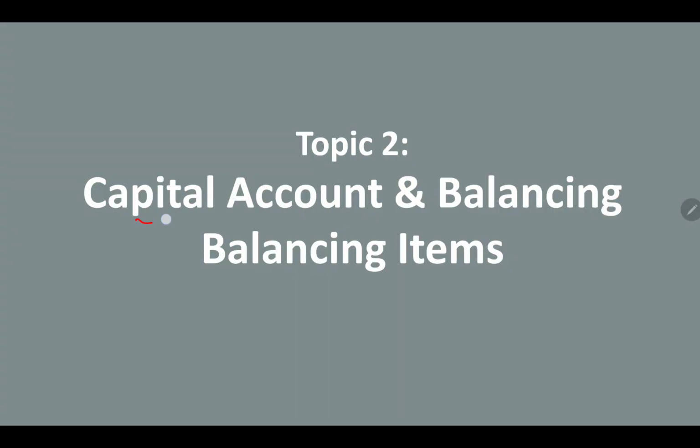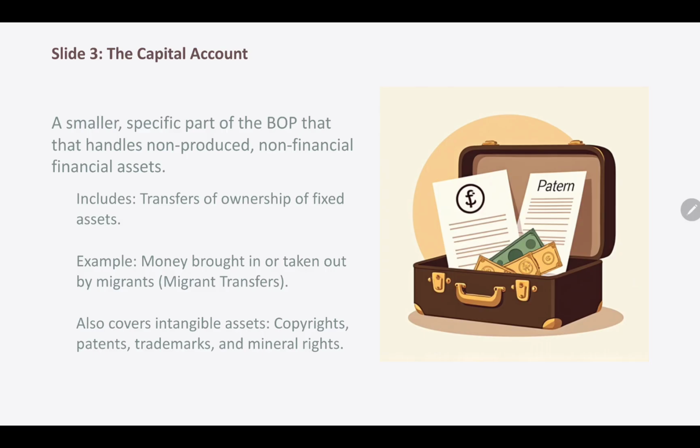Number 2, capital account. Let's see the capital account, a smaller specific part of the BOP that handles non-produced and non-financial assets. It includes transfer of ownership of fixed assets, for example money brought in or taken out by migrants.